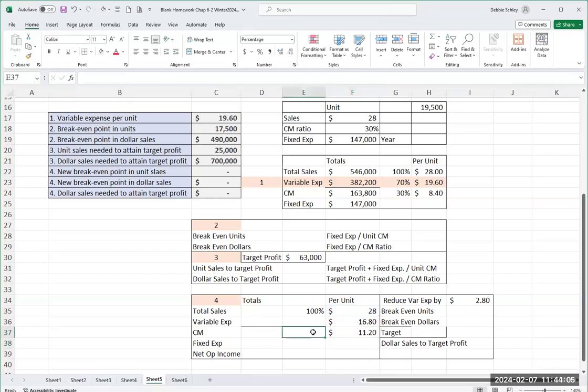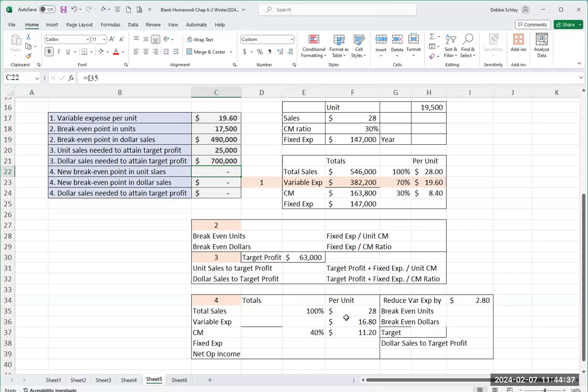Now, this is important. I have a new contribution margin ratio now. And so I figure that out by taking the contribution margin per unit divided by the selling price per unit to get my new contribution margin ratio. And I need that, right? Because I've got 2 things to answer. First, they want the new break-even point in unit sales.